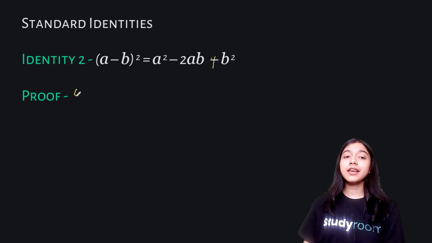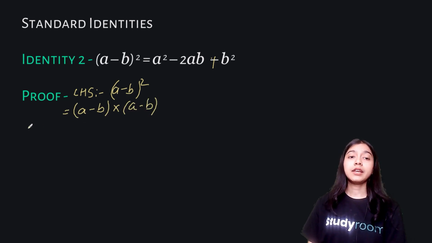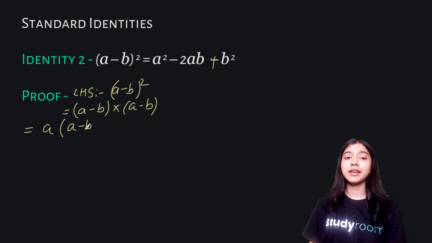So, let us take the LHS. We have LHS as (a minus b) whole square. Now we know that (a minus b) whole square can also be written as (a minus b) multiplied with (a minus b). So this is multiplication of 2 binomials. Now what I have to do is, I'll take the first term of the first binomial and then multiply it with the entire second binomial.